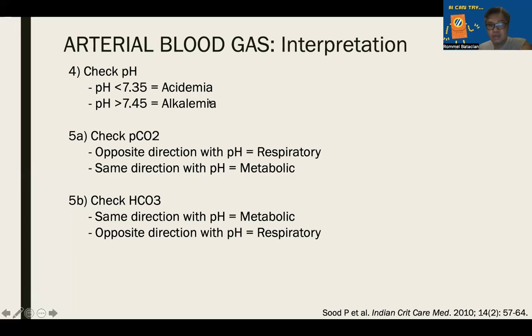So it is a metabolic alkalosis. But for example, the bicarb is elevated again at 30 mEq per liter, and the pH is 7.25, which is decreased. So there is an increased serum bicarbonate and a decreased pH. So they are in opposite directions. So it is a respiratory alkalosis.